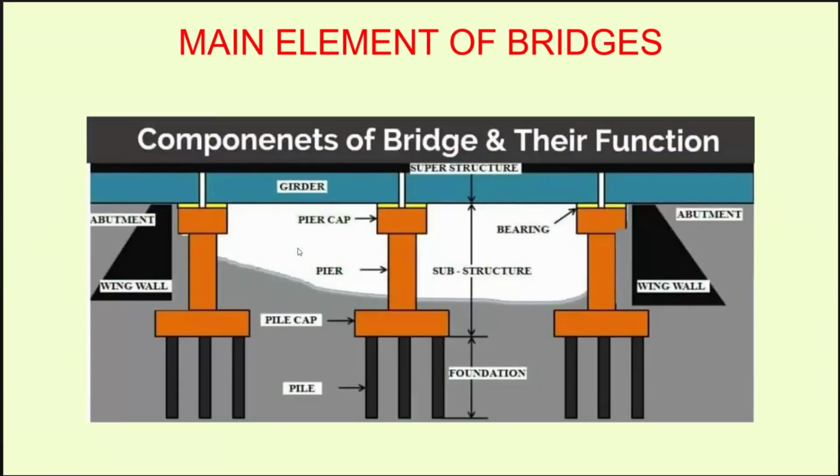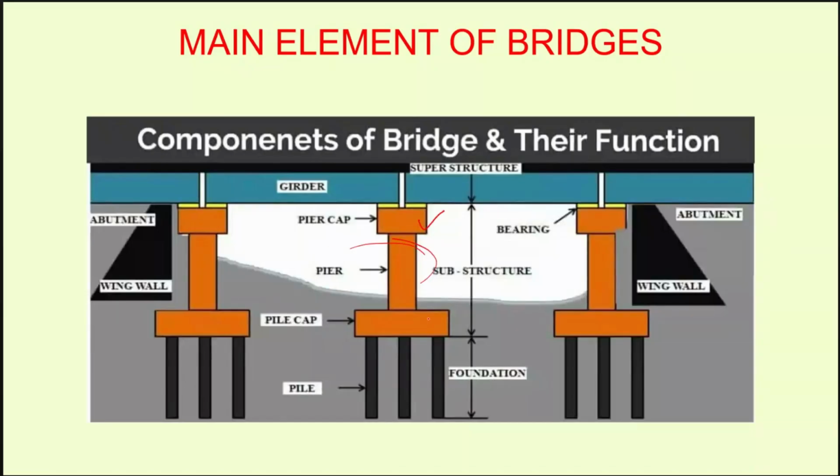Typically, you can see the main elements of the bridge. The top of the bridge is the girder, that is the superstructure. Along with that, we will have the bearing. Then comes the pier cap. This is the pier.